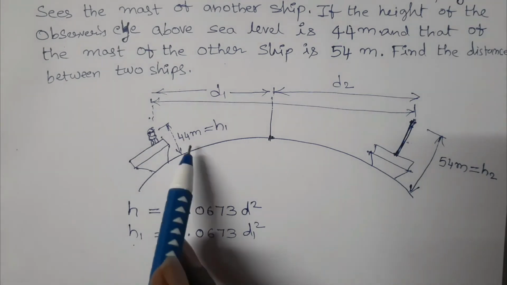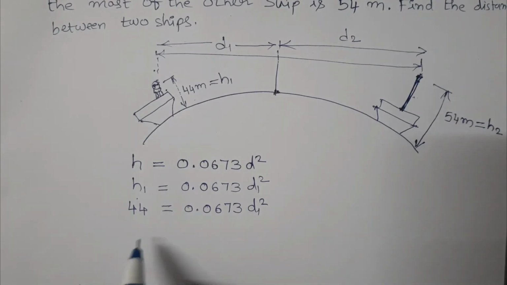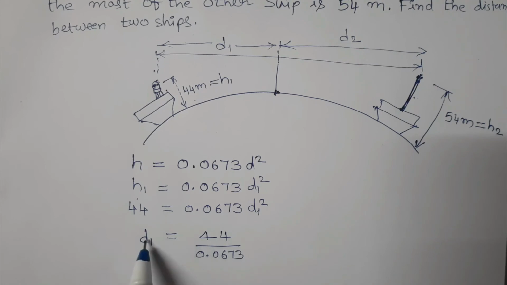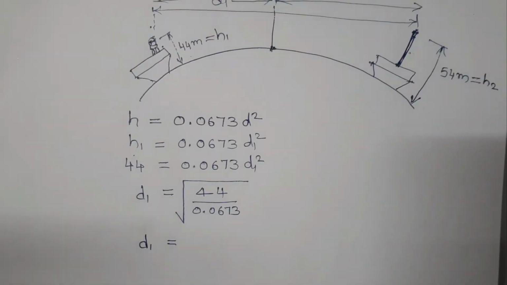Here h1 is equal to 44 meters. 44 is equal to 0.0673 d1 square. d1 square is equal to 44 divided by 0.0673. To get d1, we have to take the square root. d1 is equal to 25.569 kilometers.